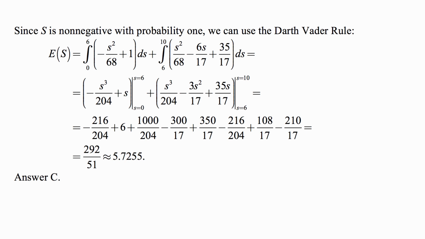The second one is s cubed over 204 minus 3s squared over 17 plus 35s over 17 evaluated from 6 to 10. And we write out all the fractions that we get that way for all the values. And that ends up being equal to 292 over 51, or approximately 5.7255, which is answer C.